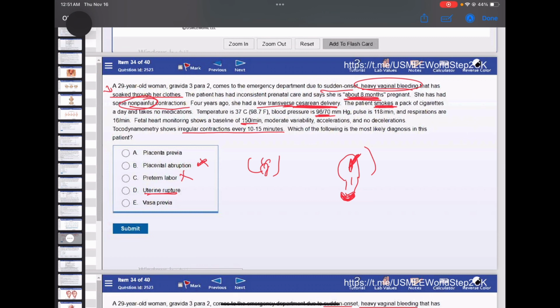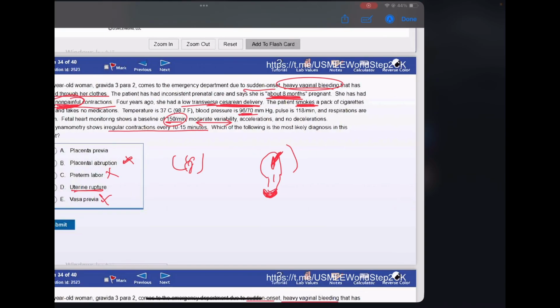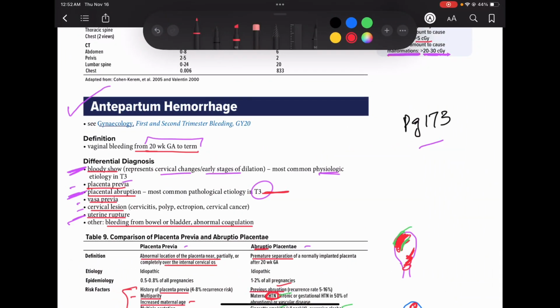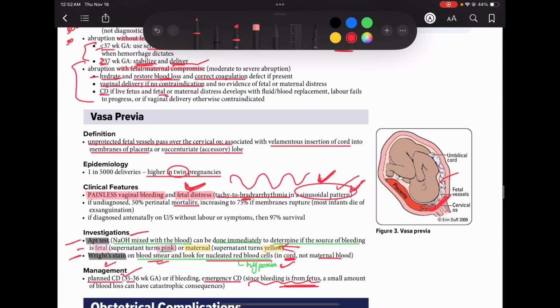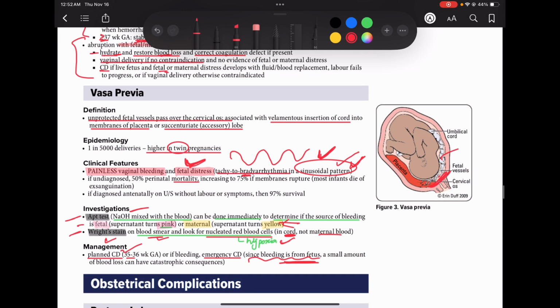And then vasa previa, one thing, vasa previa would show bradycardia, and vasa previa would show sinusoidal variability, not moderate variability, because there would be fetal issue, because the bleeding is directly from the fetus. And then this is non-painful. But over here in vasa previa, we read it's painless, right?